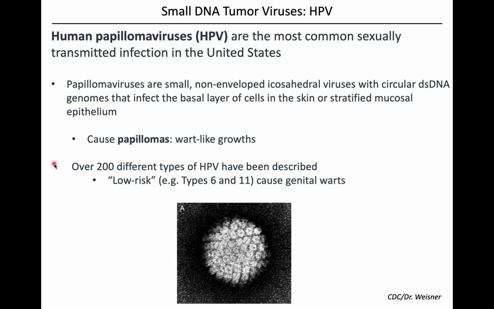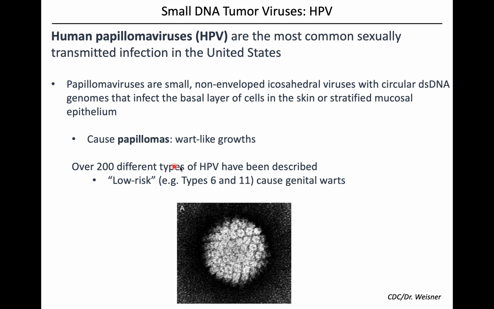And then the third example here of small DNA tumor viruses linked to cancer is HPV, which if you've heard of any of these, you've probably heard of this one. It's the most common sexually transmitted infection in the U.S. These are small icosahedral non-enveloped viruses with circular genomes, and they tend to infect either the basal layer of skin cells or mucosal epithelium, and they're best associated with warts, typically genital warts.